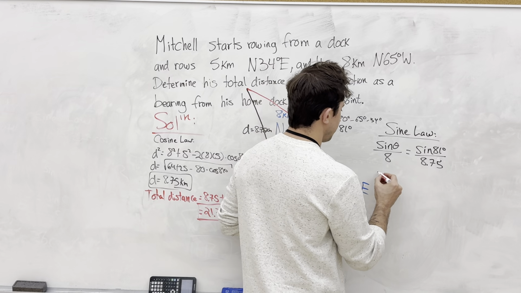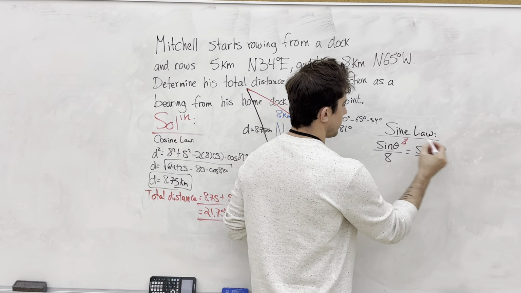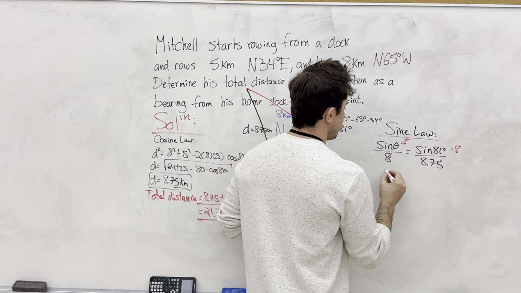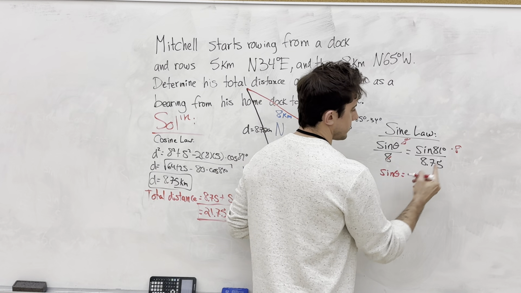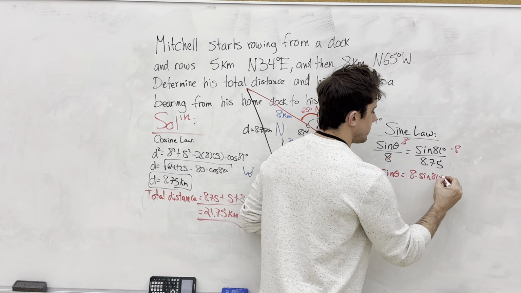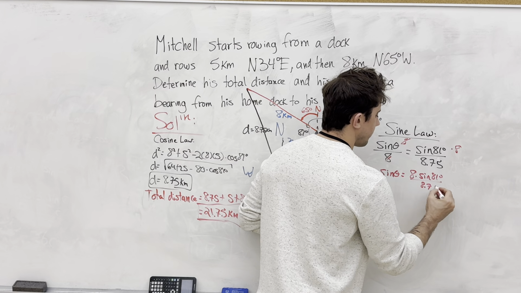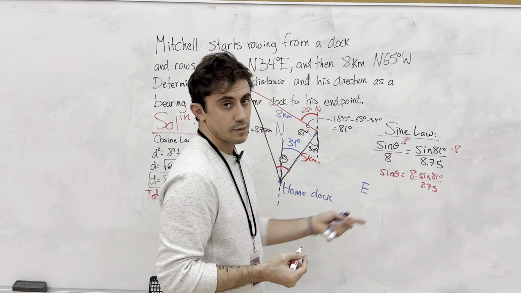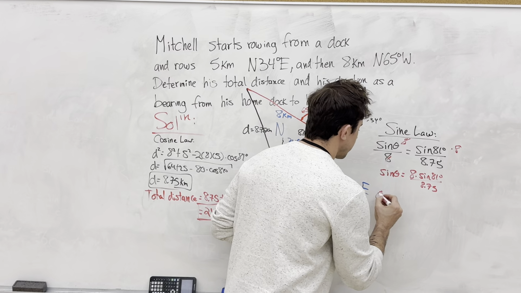So then we have sine of theta multiplied by 8 on both sides. Sine of theta is equal to this stuff, 8 times sine of 81 over 8.75. And now we want theta, and so we're going to take the inverse sine.